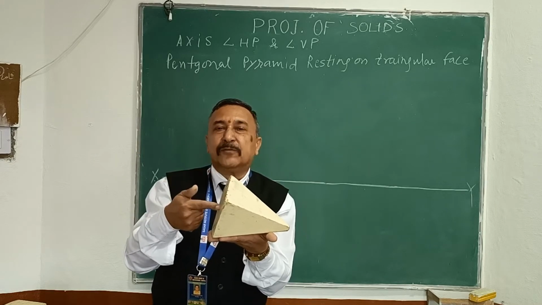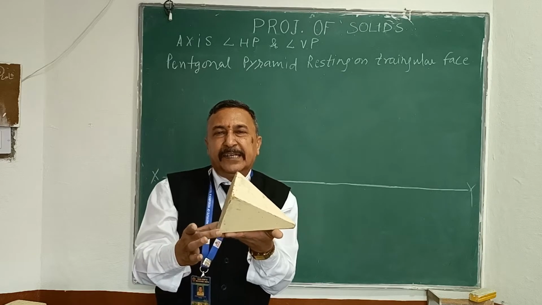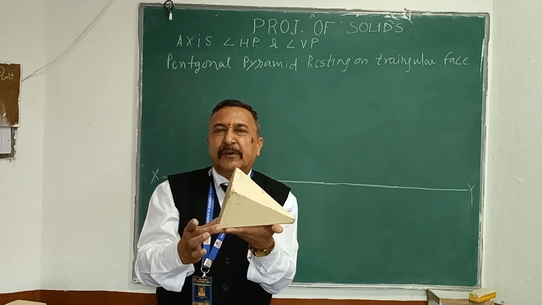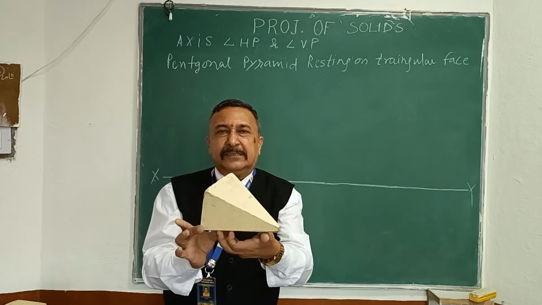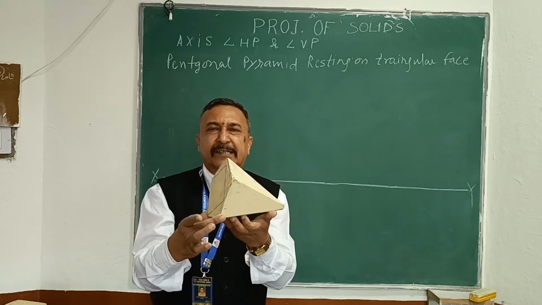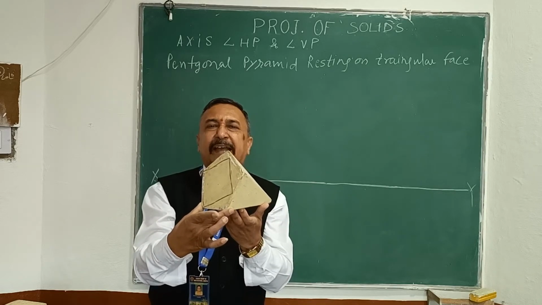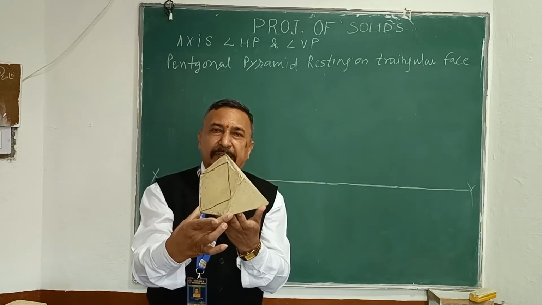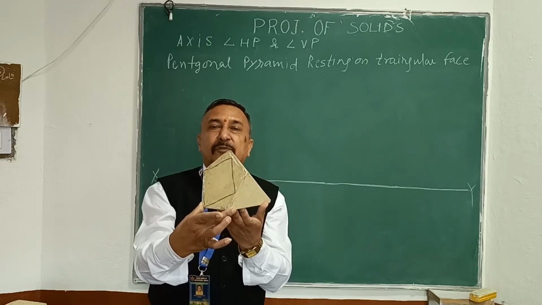It is self-understood. If this edge which is perpendicular, we incline this edge either in this way or in this way, we get the second position, that is axis inclined to VP, meaning axis inclined from both the reference planes.